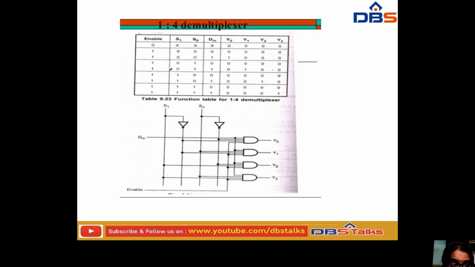When it comes to the disable mode, it is not providing any proper input. Next, if it is 0 1 and the demultiplexer input is 0, then all the values will become 0. And if it is 0 1 and the demultiplexer input is 1, at position 1 the value will become 1, and all the remaining values will be set to 0.